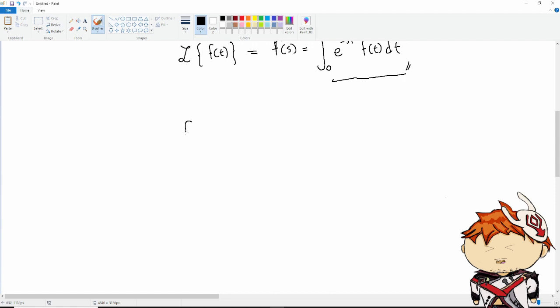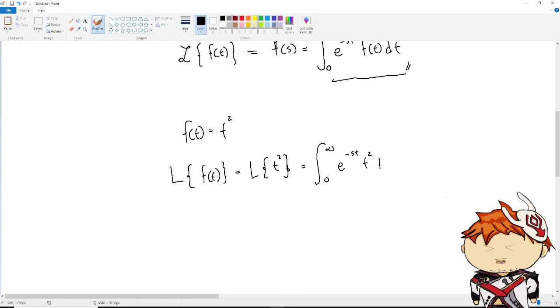Let's say we have a function of t squared. If we're gonna transform that into a function of s, we could write that as caps lock L, function of t, or you can use Laplace t squared, the integral from 0 to infinity of e to the negative st times t squared dt.